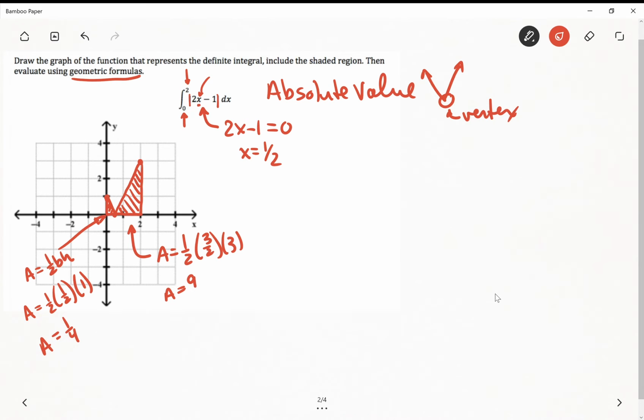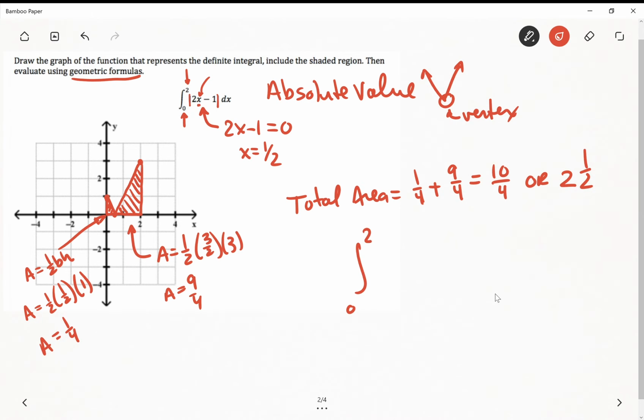So the area is 9/4. So the total area is 1/4 plus 9/4 equal to 10/4, or 2.5. So we can say that the definite integral from 0 to 2 of the absolute value of 2x minus 1 dx is equal to 2.5.